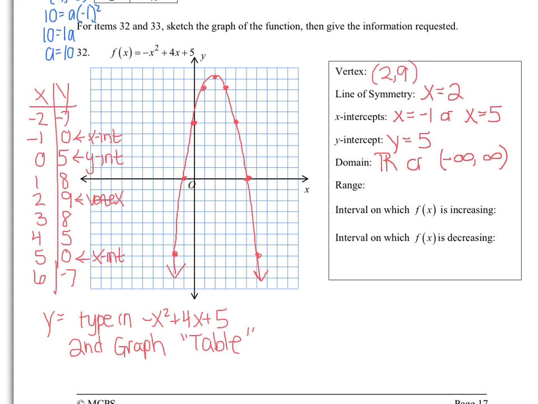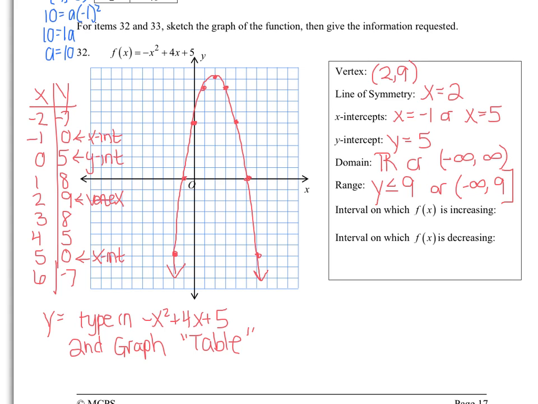Our range is going to be all of the y values, so going from -infinity all the way up to the y value of my vertex: y is going to be less than or equal to 9. Another way to write this is -infinity to 9, but I'm going to include 9, so I'm going to use a bracket, and put a parenthesis around -infinity because I don't include it.